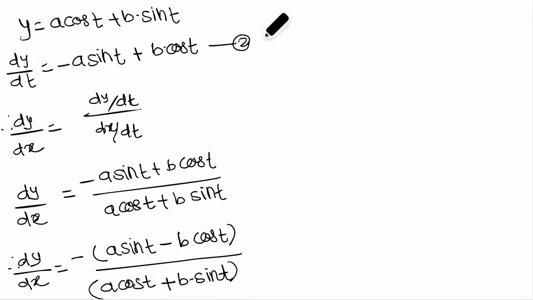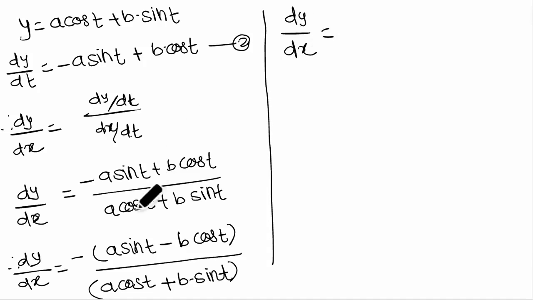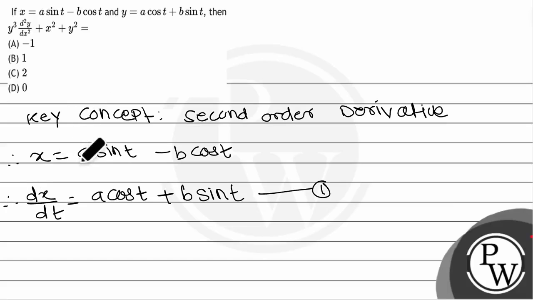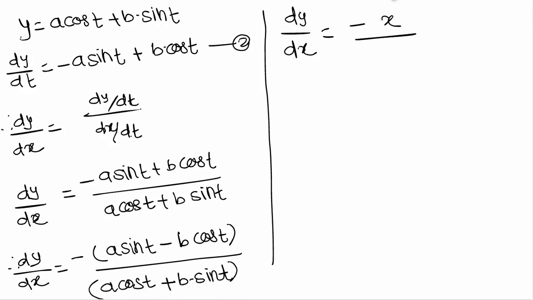So what will be the value of dy by dx? This a sin t minus b cos t is the x value given in the question. And what is the y value? a cos t plus b sin t. So instead of a cos t plus b sin t, we can replace the y value. Call this equation number 3.